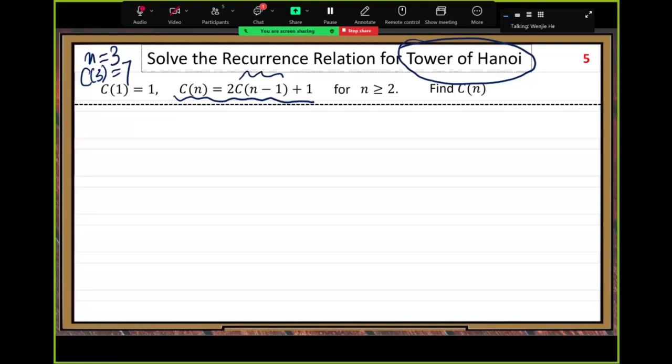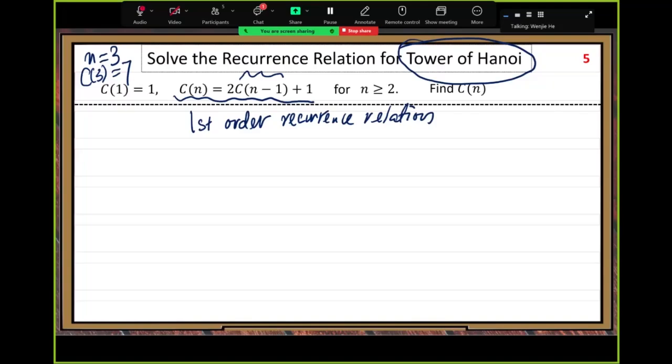Here we only have 1 unknown term. That should be simpler. So this one we call the first order recurrence relation. The Fibonacci one, second order. 2 unknown terms.